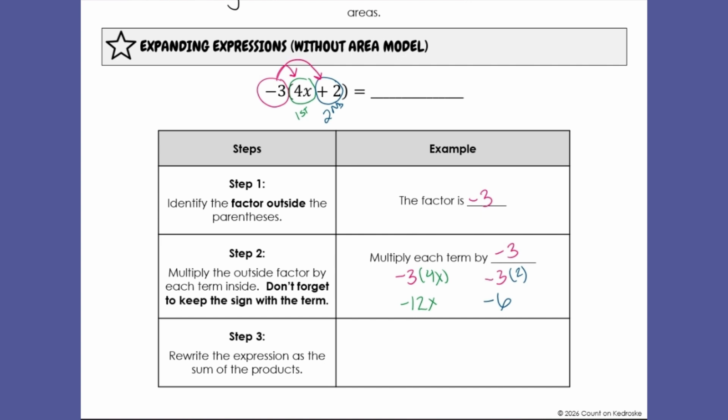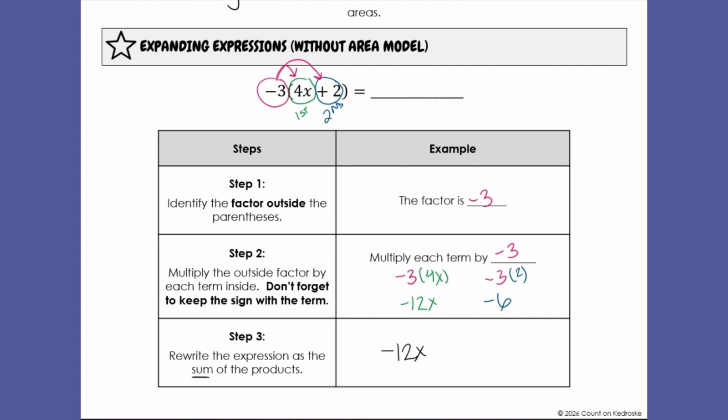So now I'm going to rewrite the expression as a sum of the products. Now, I know it says the word sum there, but really, if you watched my combining like terms video, we always keep the sign with a term. And so our first term is going to be -12x. And now, because it says sum doesn't necessarily mean we're going to use an addition sign.